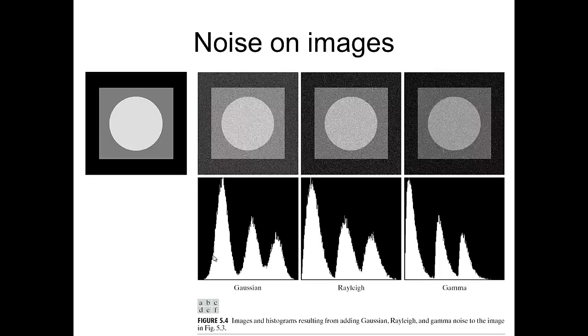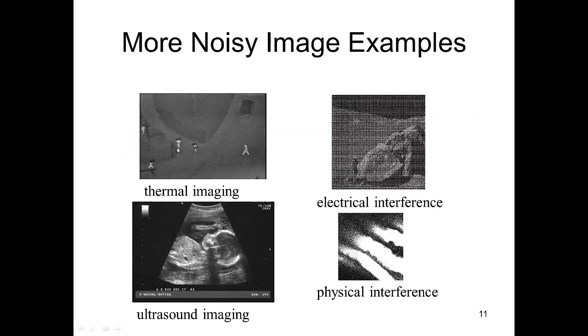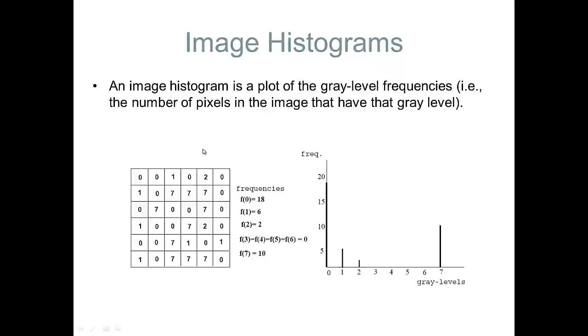Just now we talked about having an image and using MATLAB to add different types of noise on this image. If you already have this kind of image, how do you know whether the noise is Gaussian, Rayleigh, or gamma? Another important thing is your imaging system.